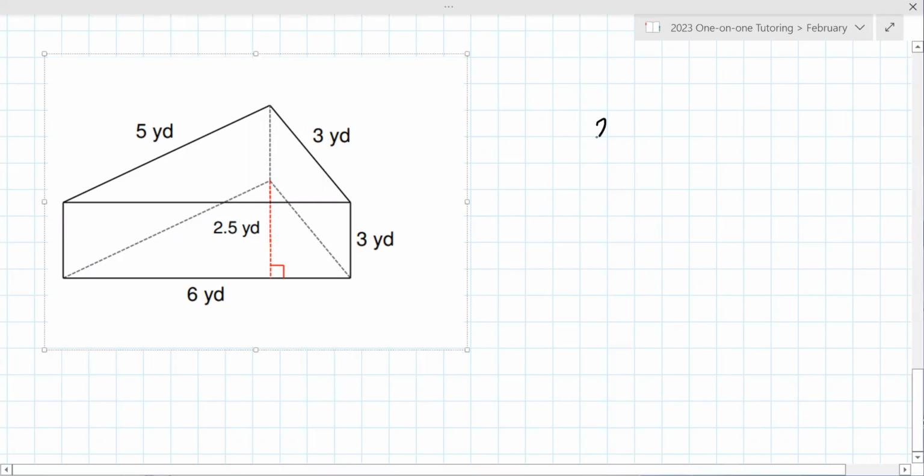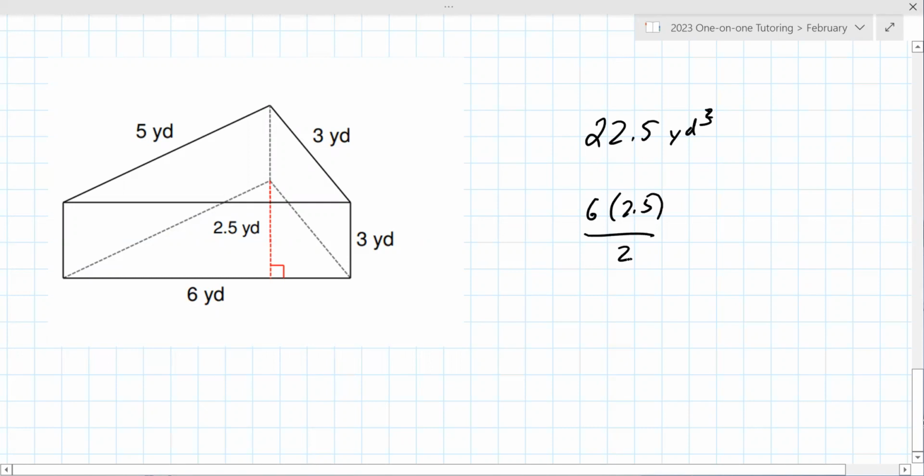How did you come up with that? First I multiply 6 times 2.5, which gave me 15, and I divided that in half, which was 7.5, and I did 7.5 times 3, which gave me 22.5.